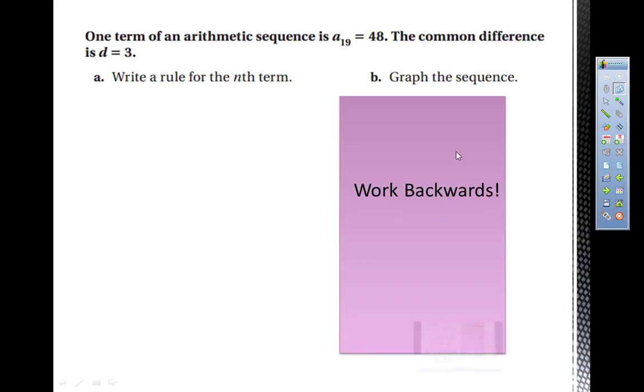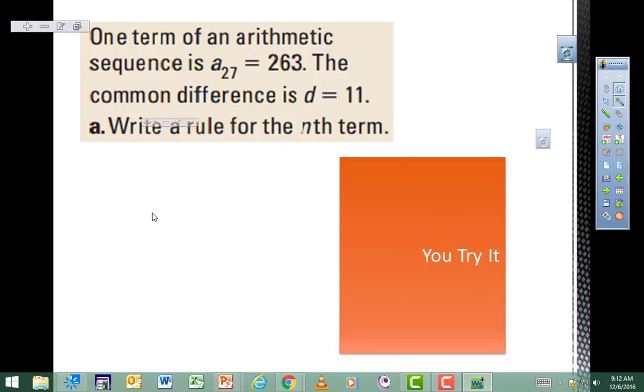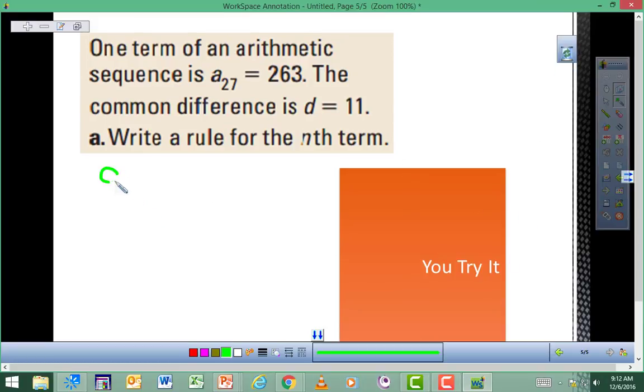All right. Well, let's look now at this problem. You've actually done a couple. Well, this is another one of those working backwards ones, where you would start off with a sub n, right? And so you'd have a sub 1, then you'd have plus n minus 1 times the common difference.